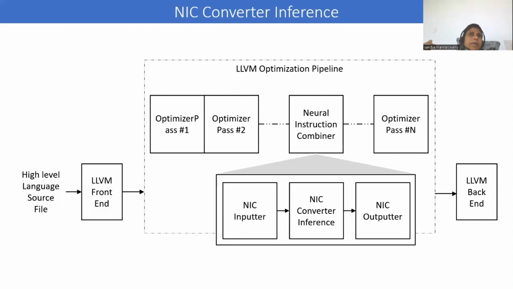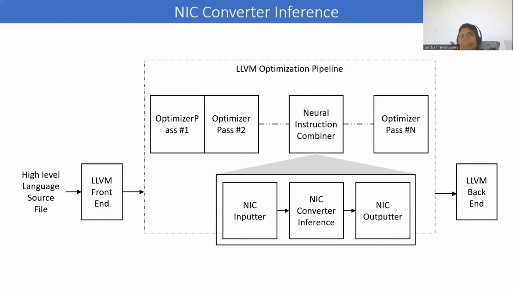Given that the NIC converter probabilistically generates the target sequence, since it's a machine learning model, we need to verify that the generated sequence is valid. So the NIC outputter does compiler IR verification checks, a CFG validity check, and then it invokes an external translation validity tool, Alive2, to verify that the translated IR sequence is semantically equivalent to the source basic block sequence.